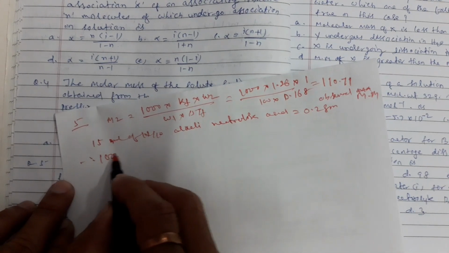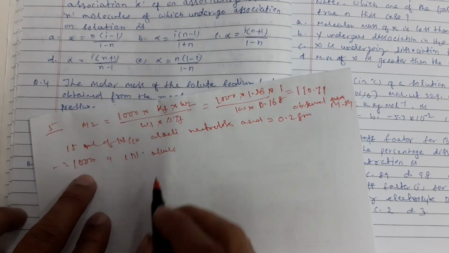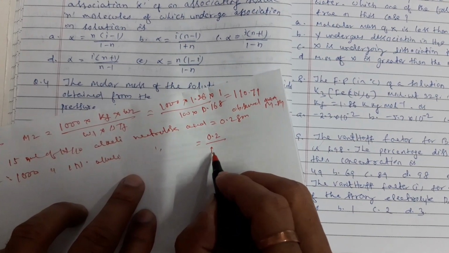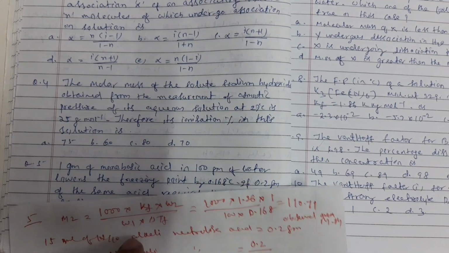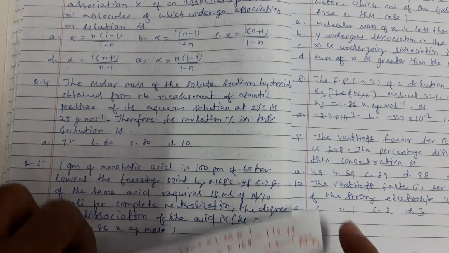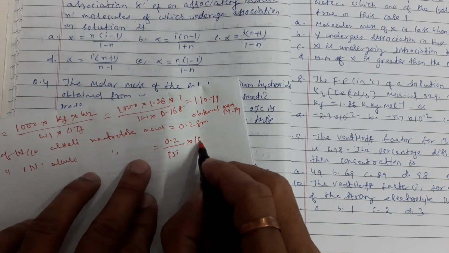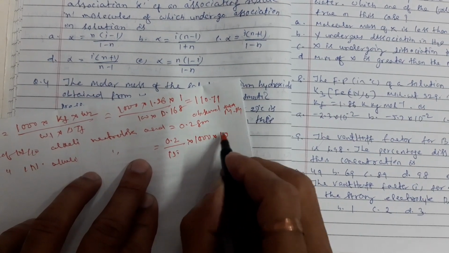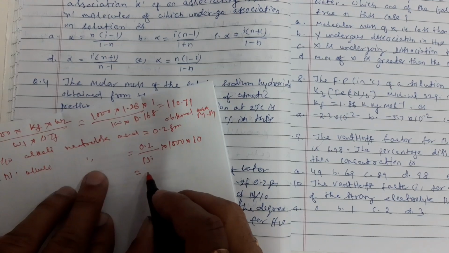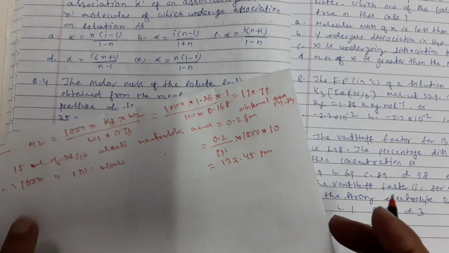Therefore 1000 ml of 1N alkali will neutralize how much? 0.2 divided by 15, multiplied by 1000 multiplied by 10, because you are taking 1N. The value you will get is 132.45 gram.